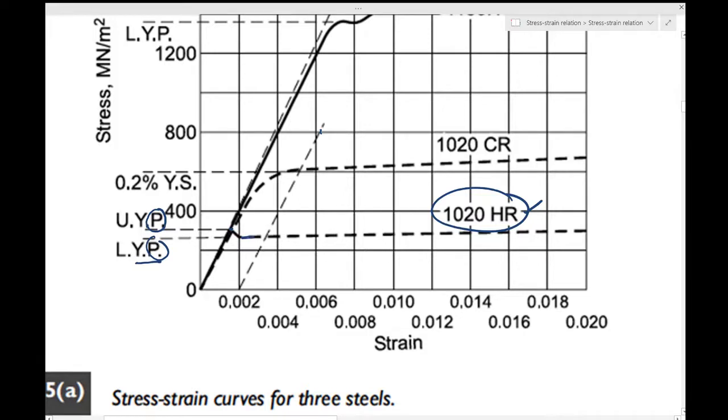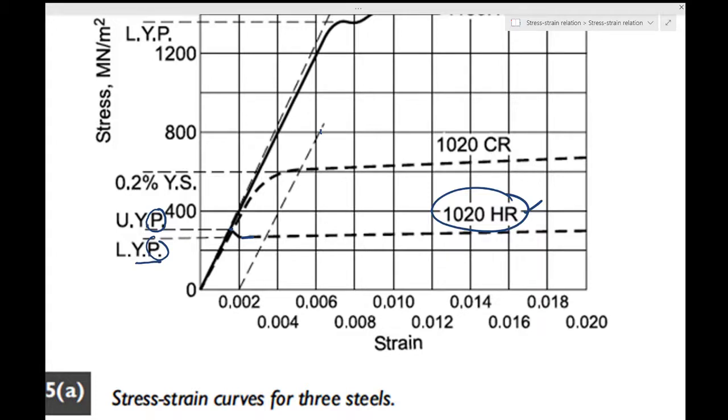So we don't have something called yield strength for materials like this, in which there is this abrupt plastic deformation, but rather this upper yield point and the lower yield point. The upper yield point is very sensitive to rate of loading and accidental bending or irregularities. So the lower yield point should be used for design purposes.